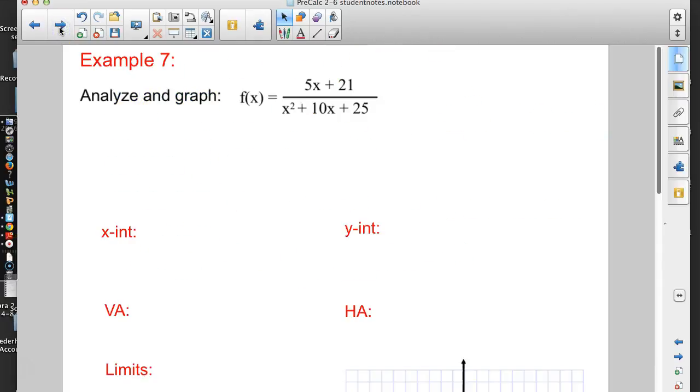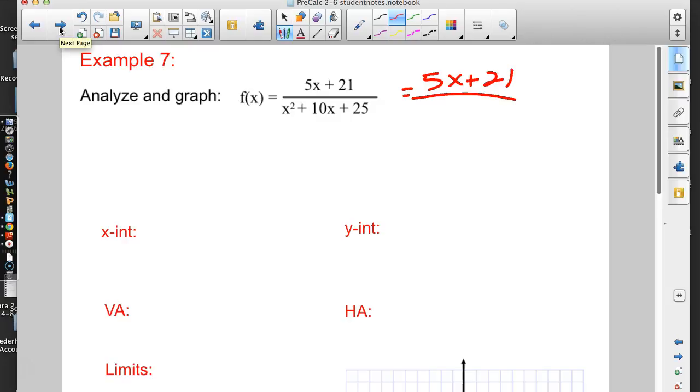So, analyzing the graph of 5x plus 21 over the denominator. That numerator does not look to be a factorable nice thing, right? How about the denominator? Is that a factorable nice thing? Oh, that's an extra nice thing, isn't it?